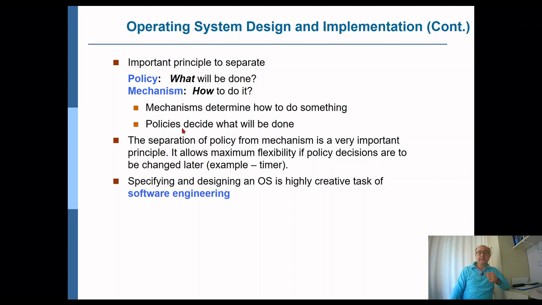The separation of the policy and mechanism is quite important, because with the policy, you define what should be done. So if you later have to change how it is implemented, if you need to make changes in the mechanism, the policies should not be affected, because other components of the operating system depend on this part.